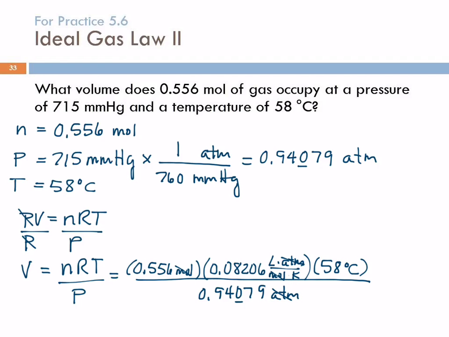No, not going to work. I need to convert. So I'm going to add 273.15 to my 58. It's going to give me 331.15 Kelvin, but that only has 3 significant figures. So I'm going to erase that and put in 331.15 Kelvin. And now the kelvins cancel out.